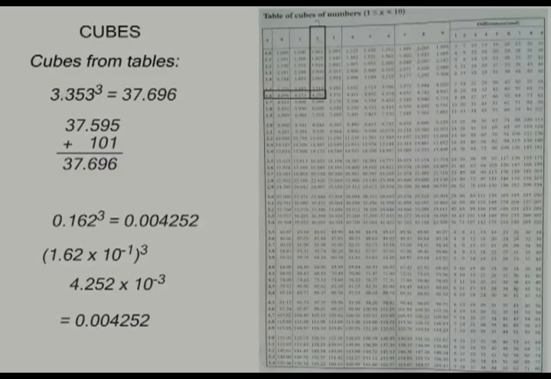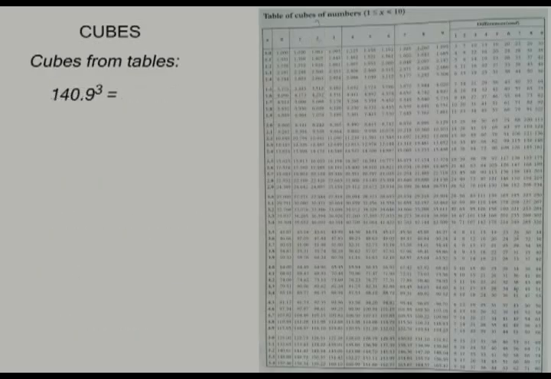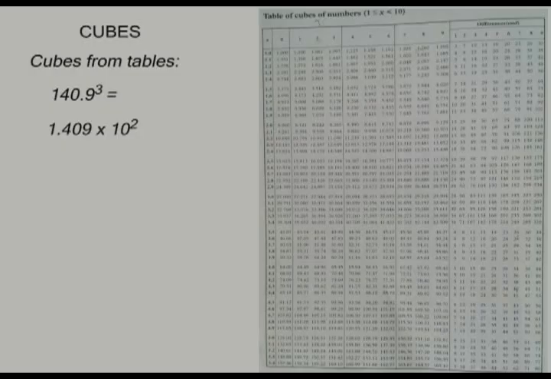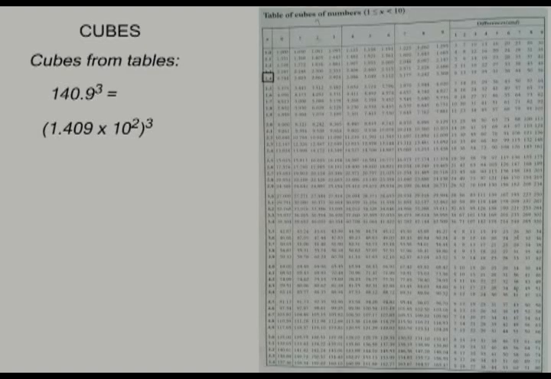Finally, the cube of 140.9. In standard form, that is 1.409 times 10 raised to power 2, and then everything cubed. First, the cube of 1.409. 1.4 is here, and next is 0.